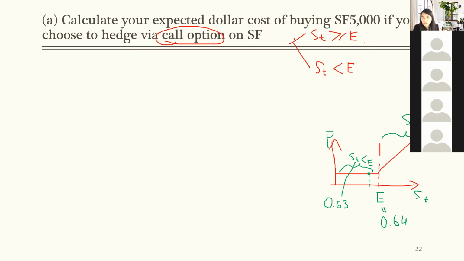The reason why you don't want to exercise this option is because in the option, you are allowed to buy the franc at $0.64 per franc, okay? So if you exercise the option, you're going to buy the franc at this rate.